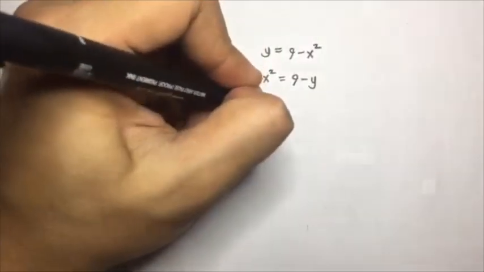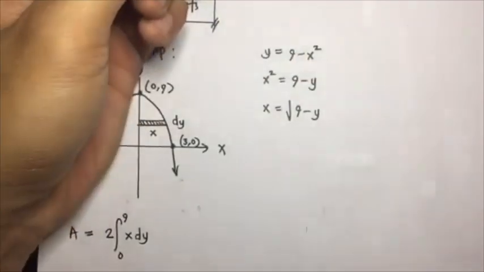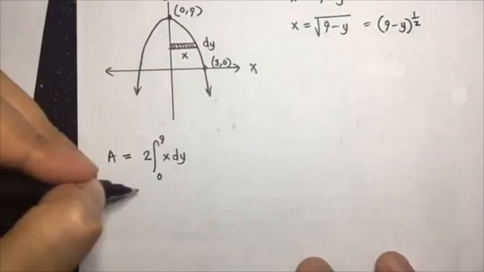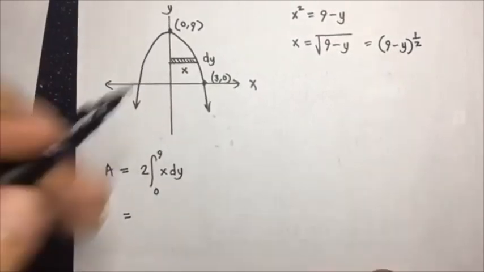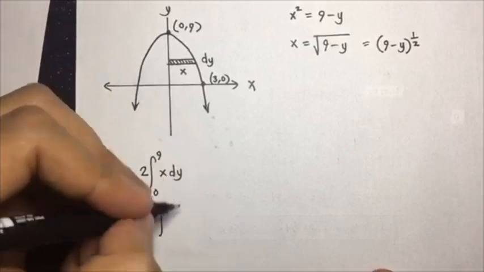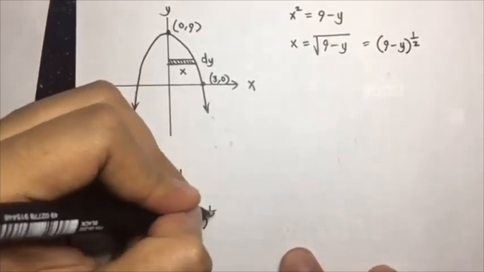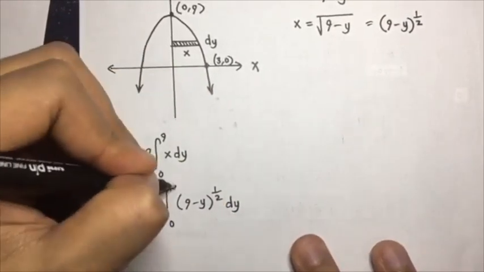Taking the square root of both sides, we'll have x is equal to square root of 9 minus y, or this can also be 9 minus y raised to 1/2. Substituting that x in terms of y, we'll have 2 integral of 9 minus y raised to 1/2 dy from 0 to 9.